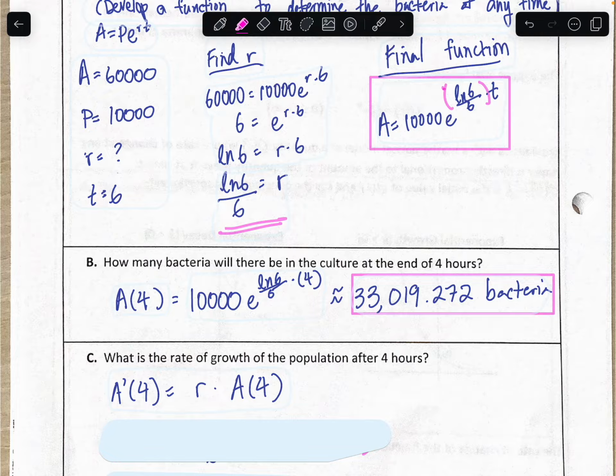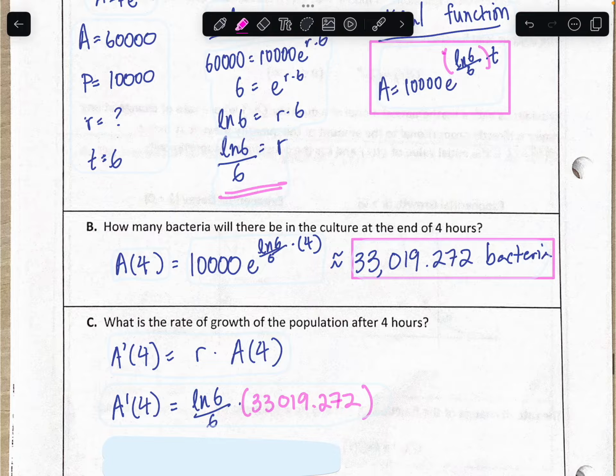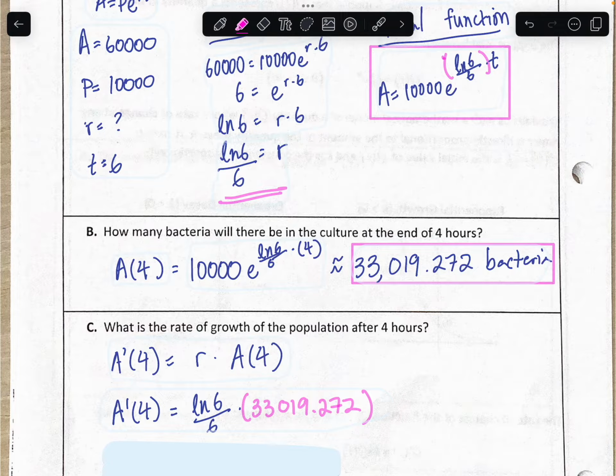I know what A of 4 is. I just solved for that in part B, and I have the r value. So I'm plugging in ln 6 over 6, which is the r value, and I'm multiplying it by the answer that I just got in the previous part.